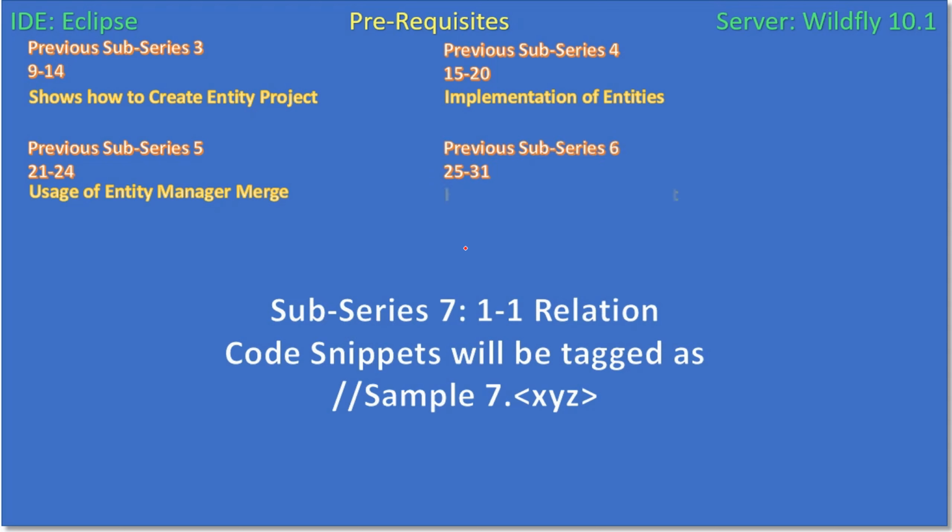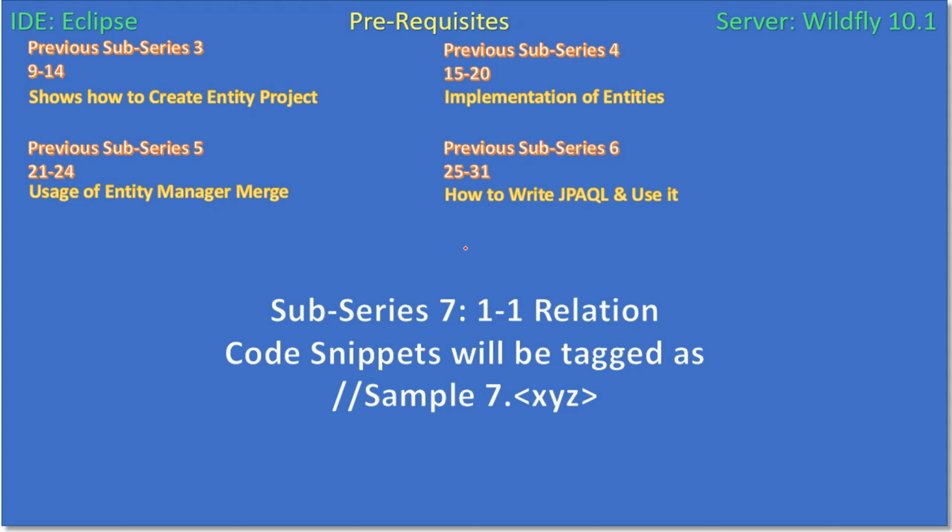In subseries 6 we learned how to use JPA and we also created our search form to search the savings account by means of ID, by means of account holder name, as well as the balance value. So here in this subseries we are learning the one-to-one relation.